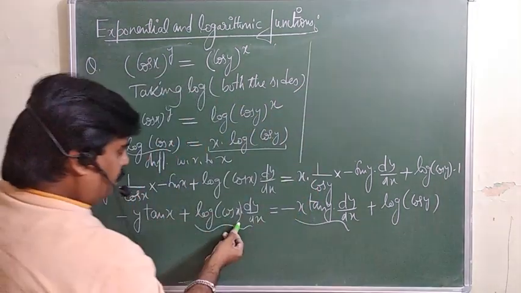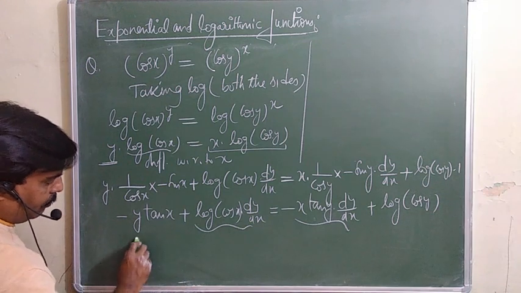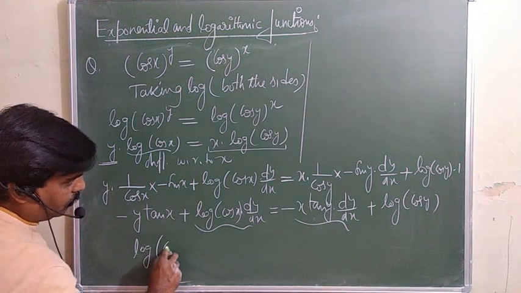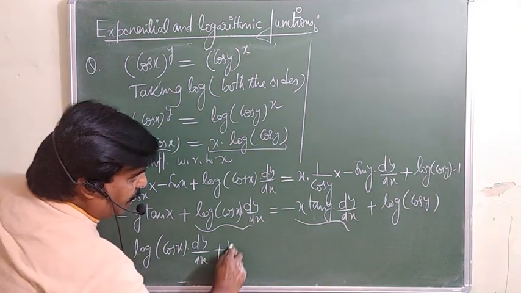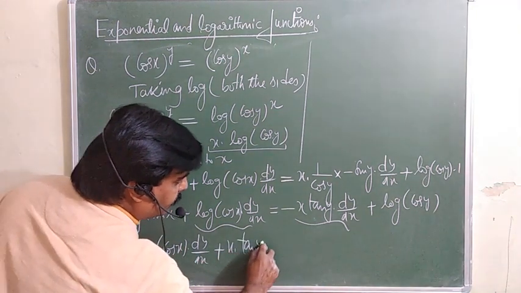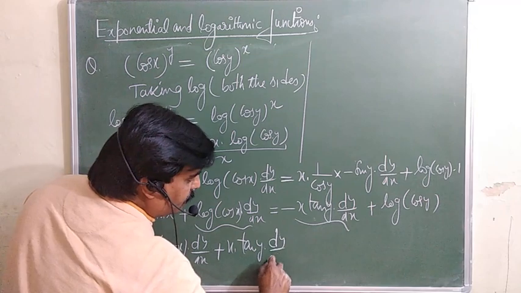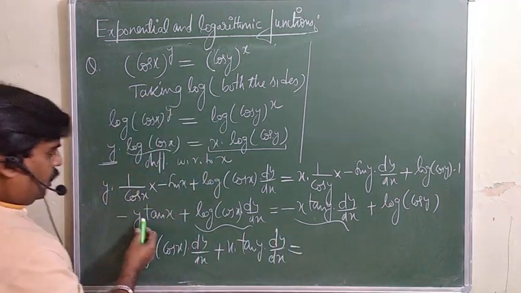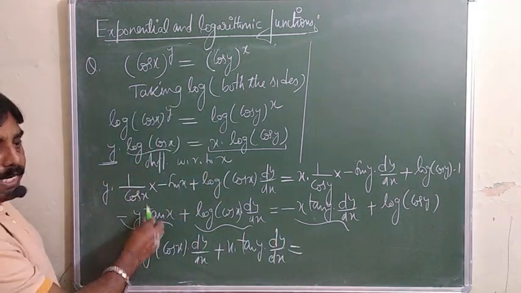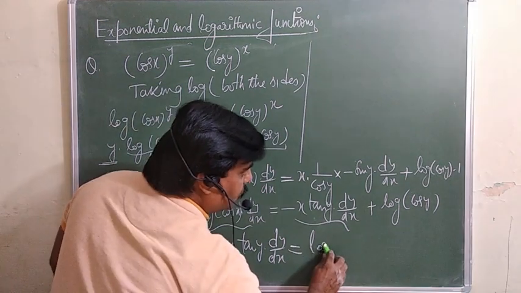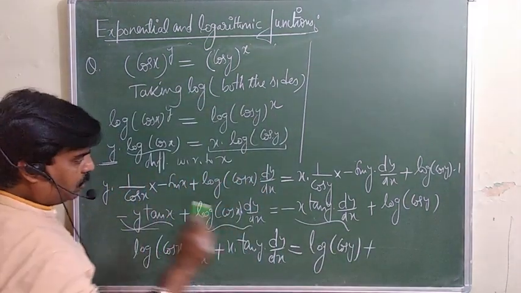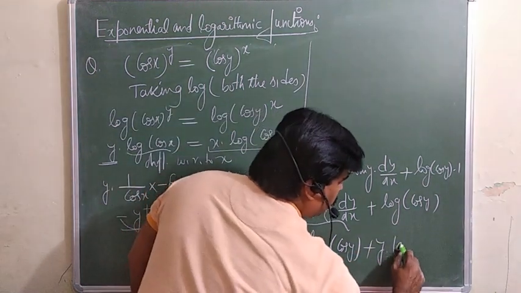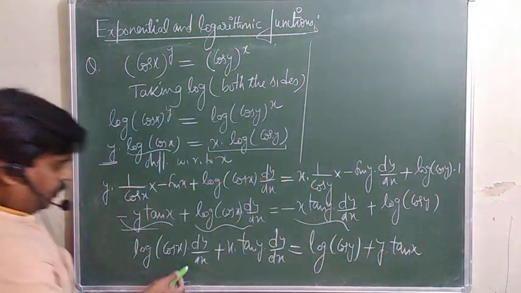So what you will get is here, one more line we will write. Log cos x into dy over dx plus x into tan y into dy over dx is equal to, you can transpose this minus y tan x on the right hand side. So this is log cos y plus y into tan x.